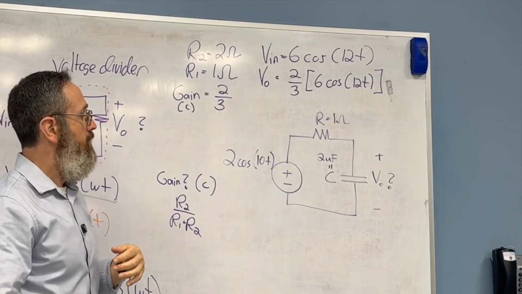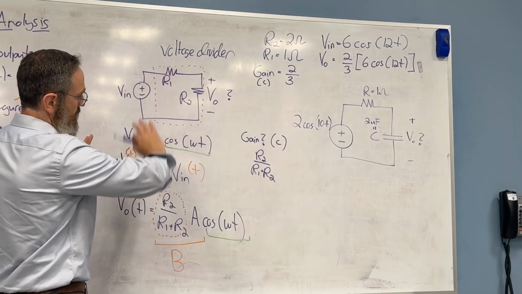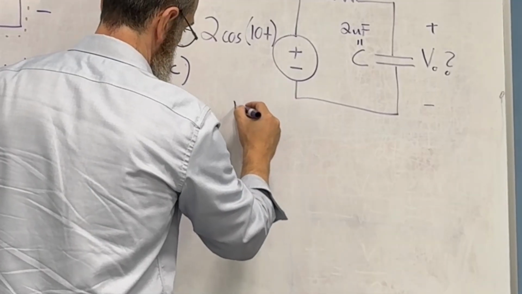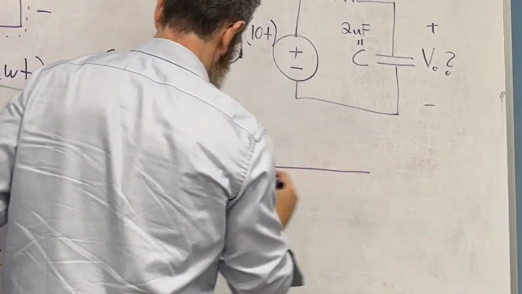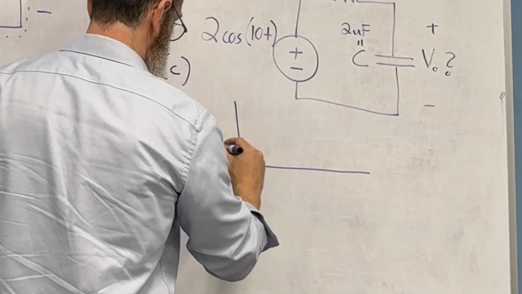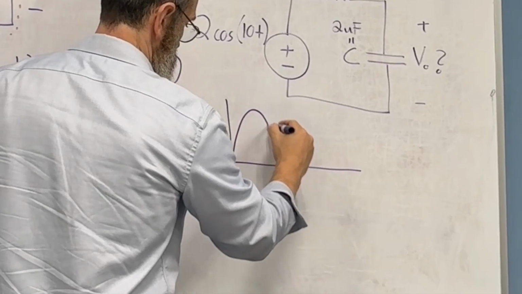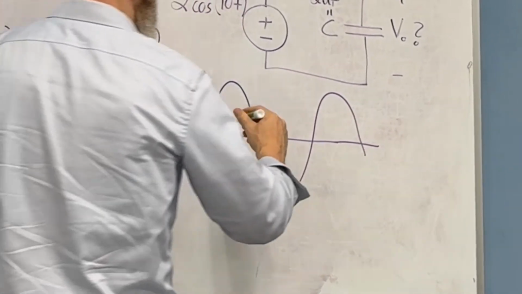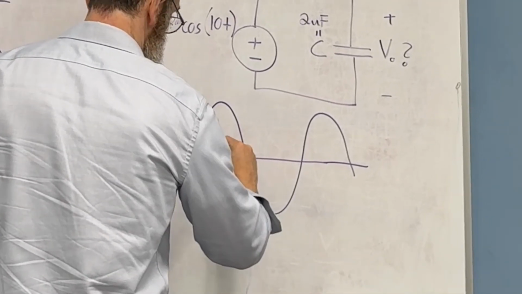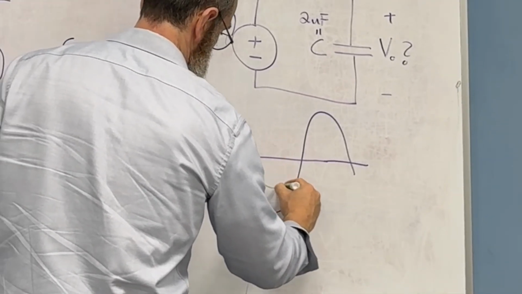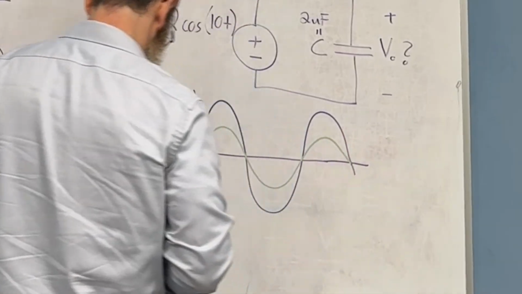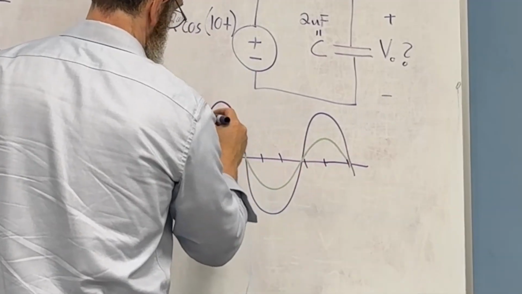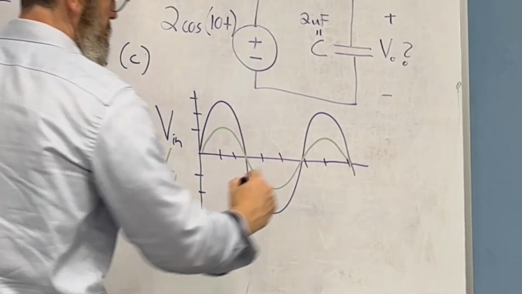That's it. What's really happening in the circuit is that if we were to plot it over time, if the V in is doing something like this, then the V out is doing something like this. Right, this is time.